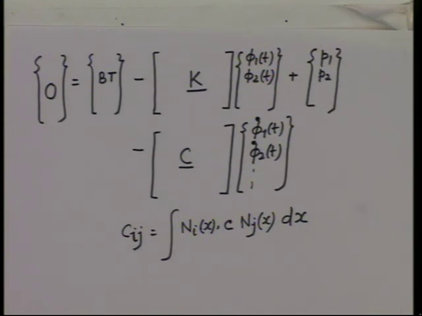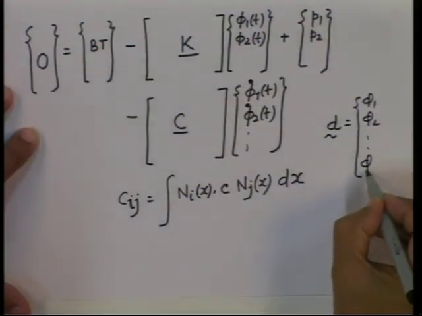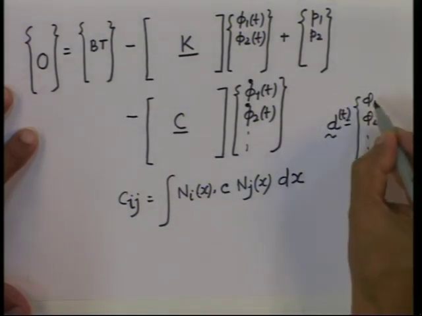Okay, so we will stop here, and I will only say that yes, we can write this. So this will be a C matrix. Supposing we call this D matrix, φ1, φ2 etcetera to φn, and D itself is a function of t now.